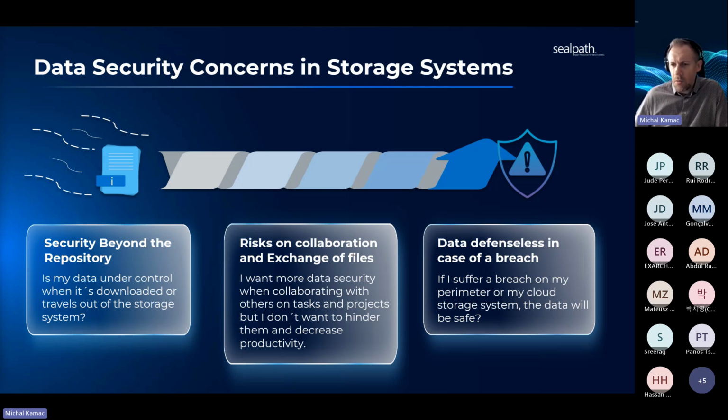where I would like to talk about problems related to file repositories and why we should care about the security of the data we have inside of them. Okay, so basically we have identified 3 problems when it comes to file repositories. First one is when the file is leaving the repository, is being downloaded, for example, right? So once it gets out, control is usually lost.